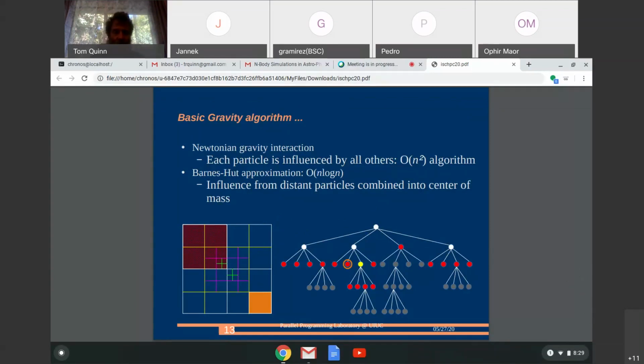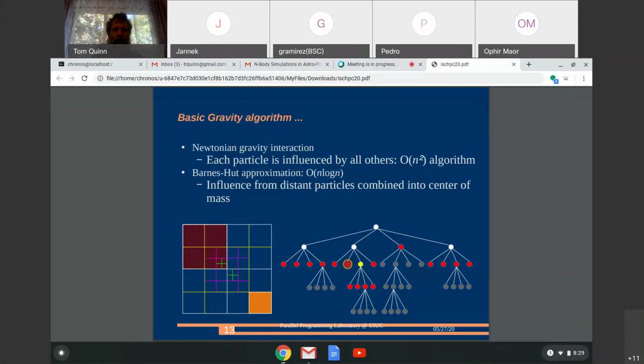And then each of those 4 volumes, the yellow, are divided in 4, and that's this line of rows. And perhaps we have a greater concentration of particles towards the center of this volume. So the center subvolumes get divided even further, and the very central ones get divided even further. So each point over here corresponds to one of these cells on the left.